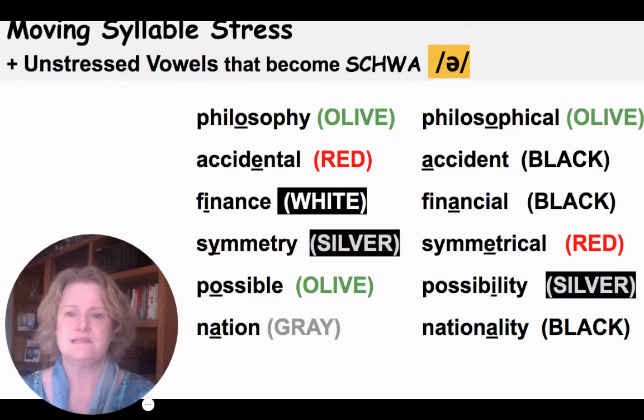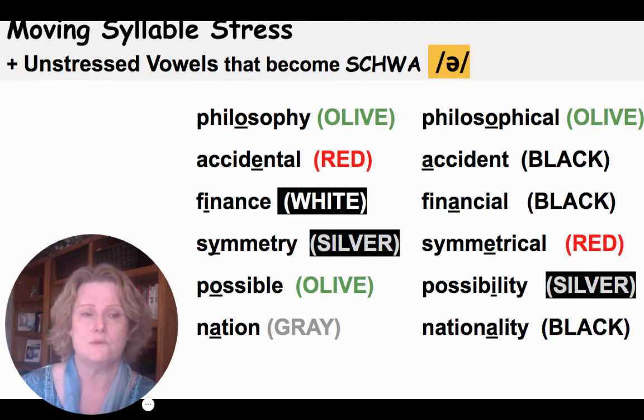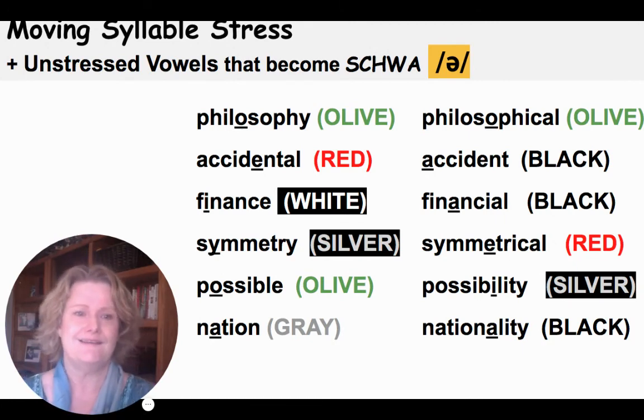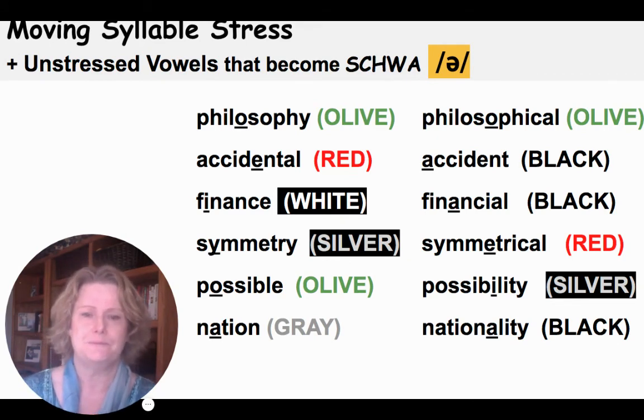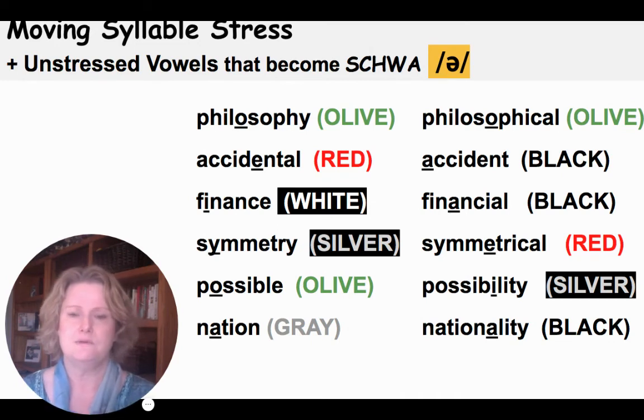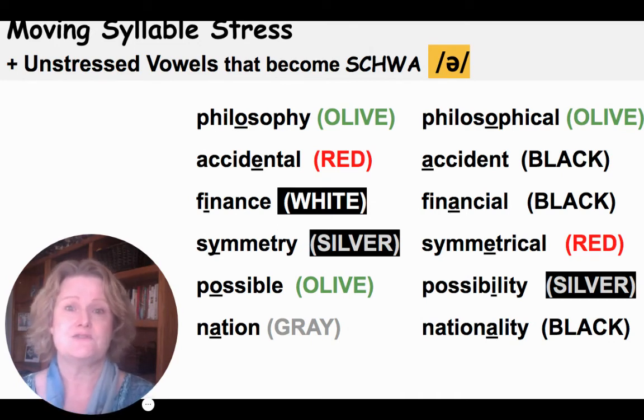Symmetry. Sim is silver. The Y at the end has to be green. Everything else is schwa. Symmetry. In the word symmetrical, with the stress on red, everything else is schwa. Symmetrical. Possible. The first one is stressed olive.